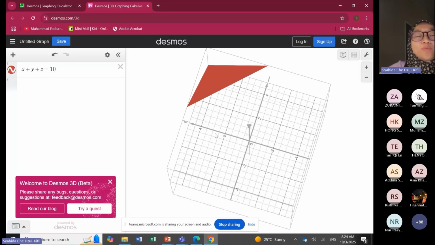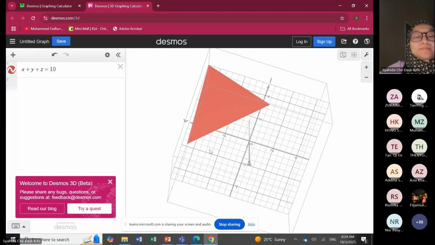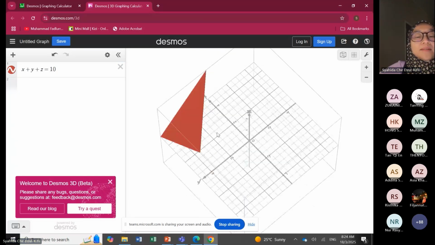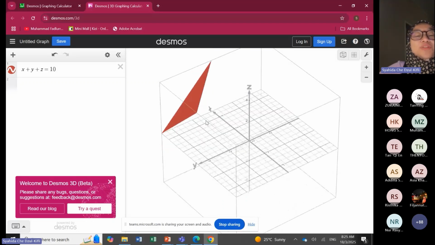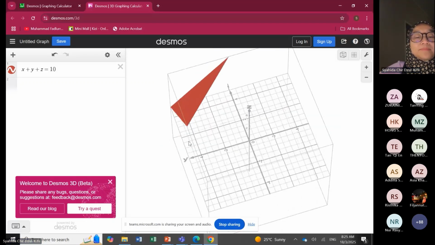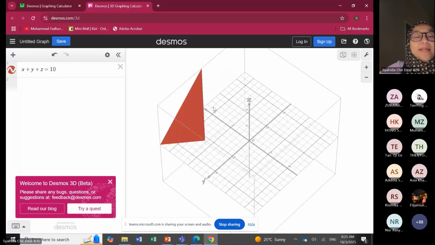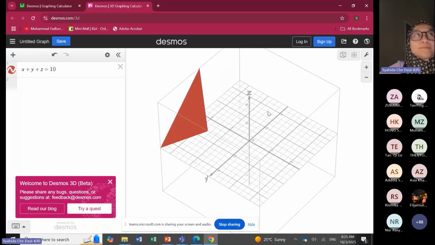Okay, so we have a, what do we call this? A plane in a 3-dimensional, right? Or it looks like a surface. What do we call it?